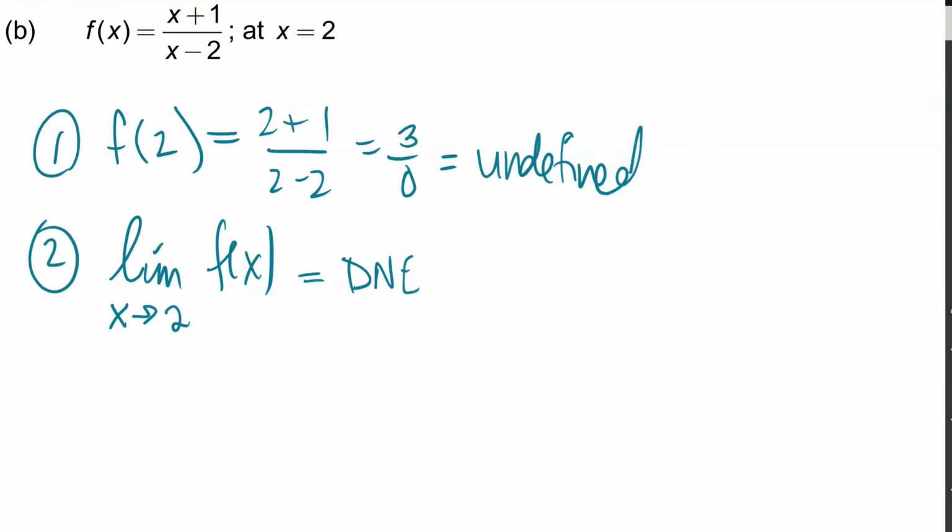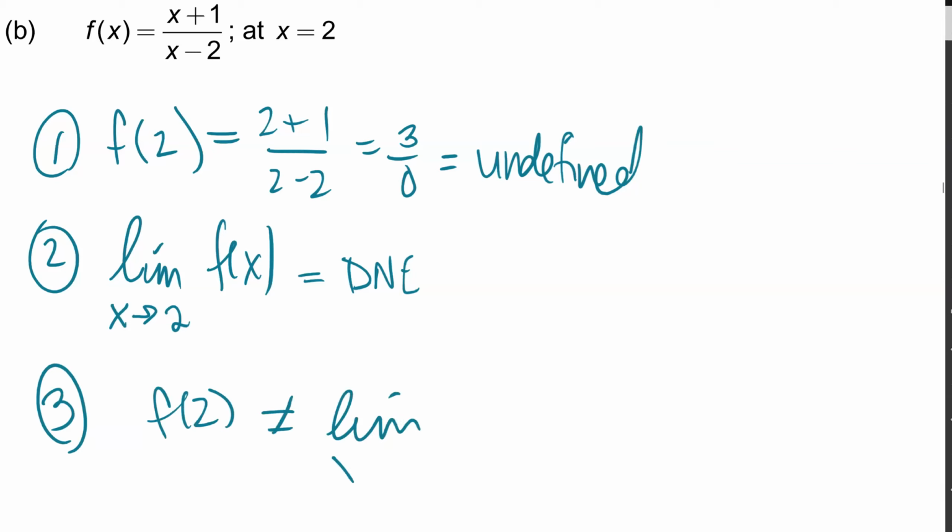Okay, so now the third part of the continuity test, right? So you see if it has a y value. Are we approaching the same number from both sides? So that's the limit. And then the third part is, are those equal? So clearly, neither one of these are defined. We don't have a y value. We don't actually have a limit. We're not approaching one number. So the third thing is we know that f of 2 is not equal to the limit as x approaches 2 of my function.